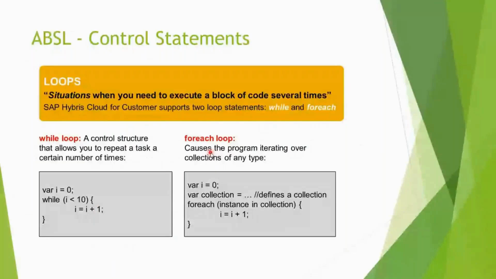If we have 10 records and want to repeat for 10 times, we can go with the for each loop. The syntax is the same: while this condition is true, then curly braces, and inside them what we want to do in the while loop. For each, this is a variable which we define, and then the syntax is open and close curly braces, and then this one.